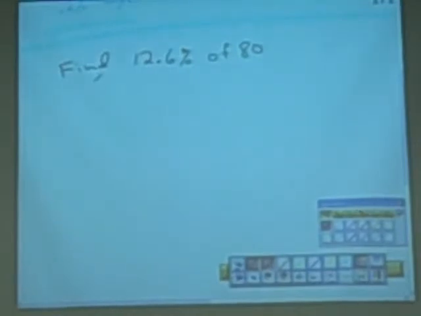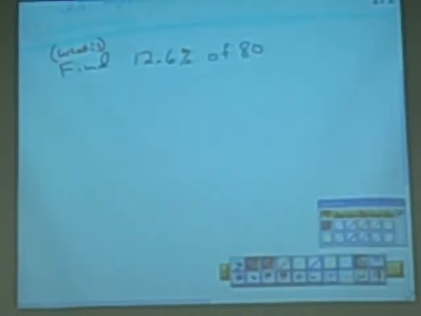Okay. Now let's say that we want to find 12.6% of 80. Well, find would be the same thing as if we were to say what is 12.6% of 80.